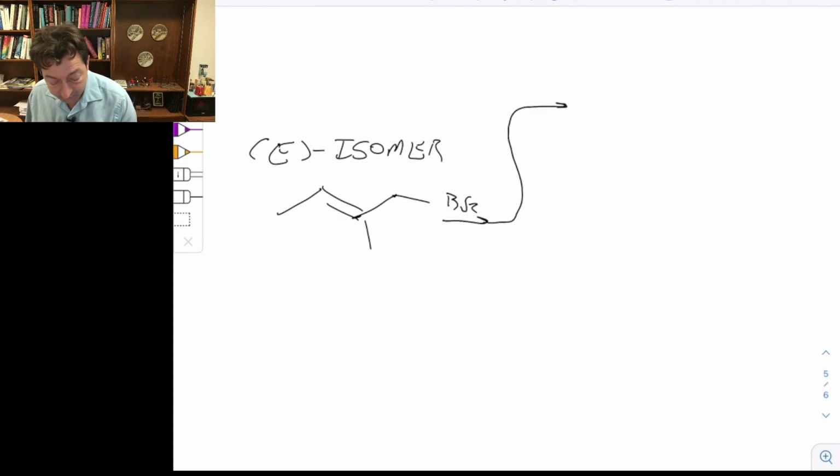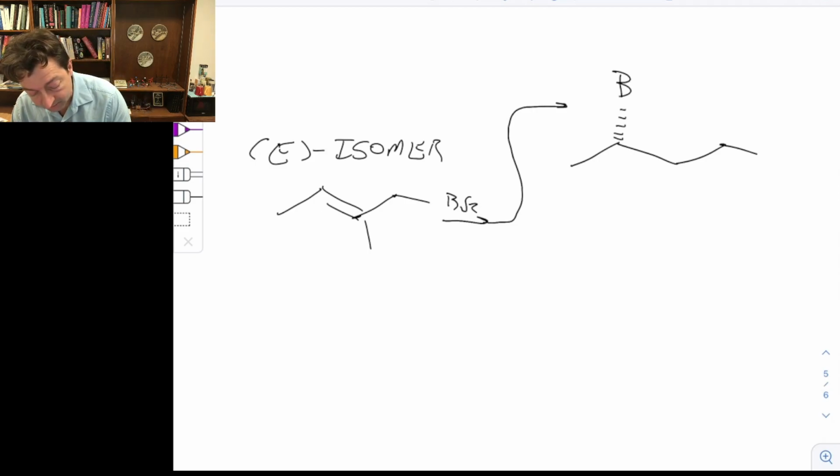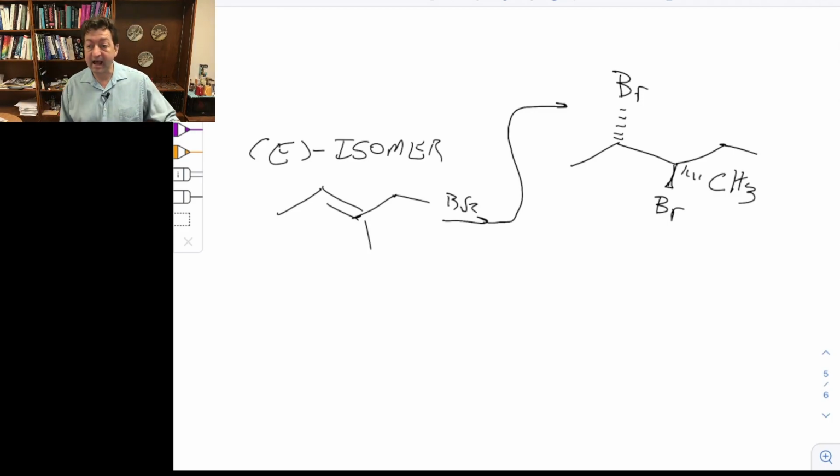We get two possible products out of this particular reaction. We'd get one product where it's added across that double bond where we wind up with one Br going backwards, away from us, another bromine coming this way, an attack, and that bromine going that way.